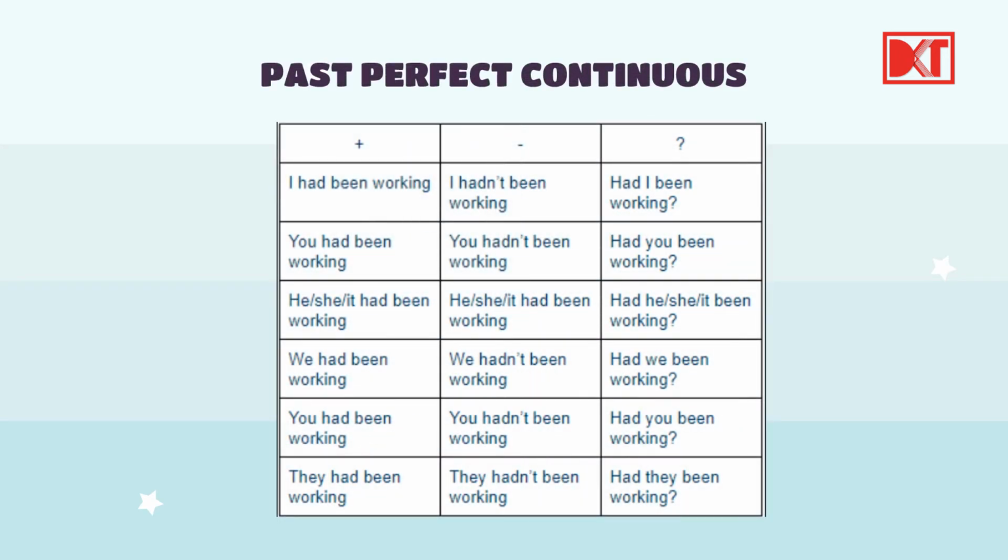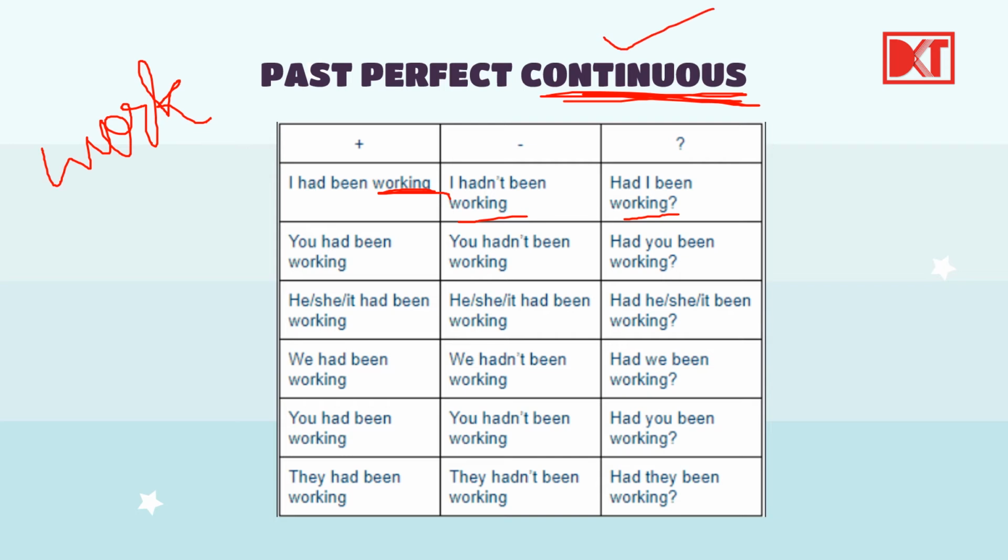Here we have past perfect continuous. The verb that is conjugated is work. In any continuous form, we have the verb plus ing. Always remember that: whenever there is an ing, that is one of the continuous forms. The formation is subject plus had plus been plus verb ing.